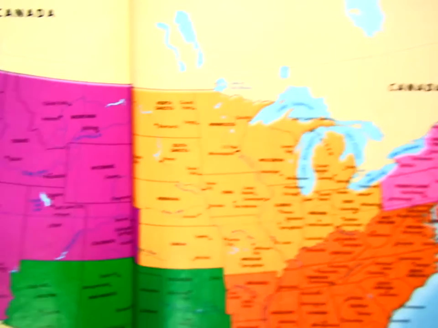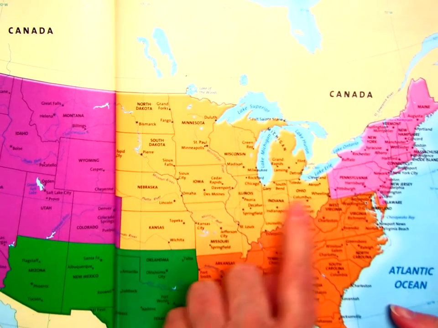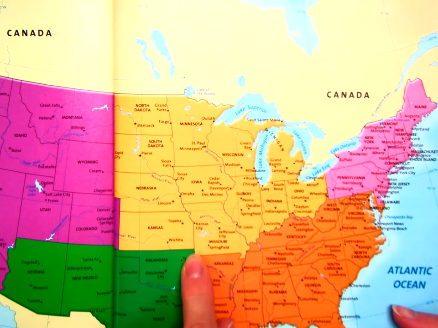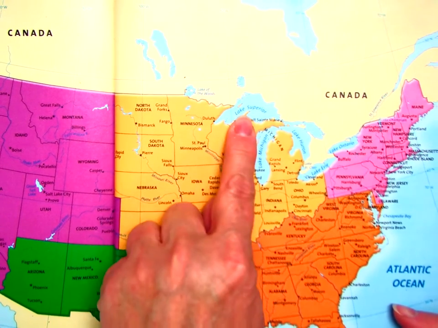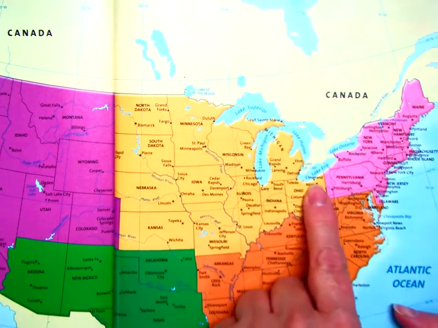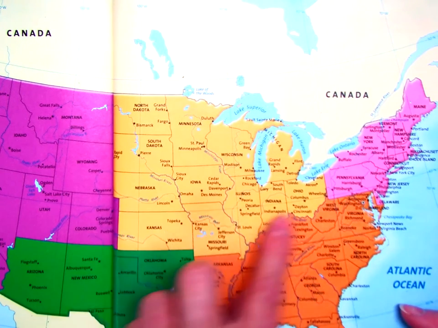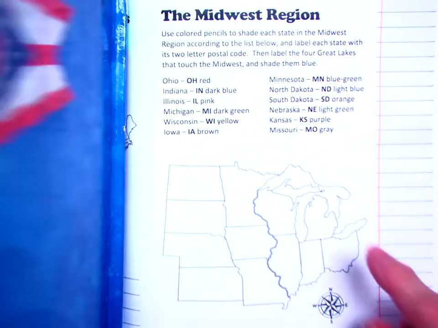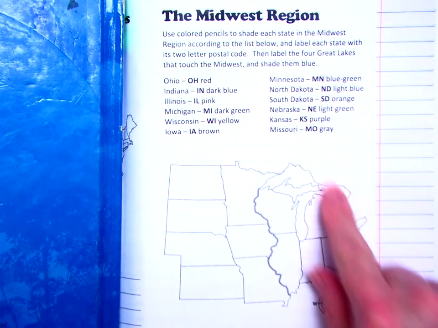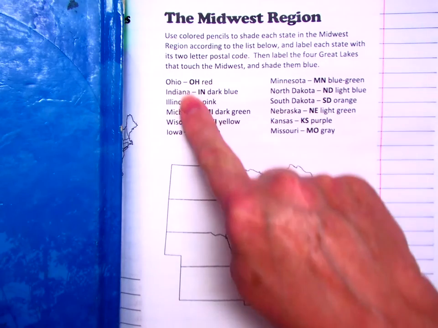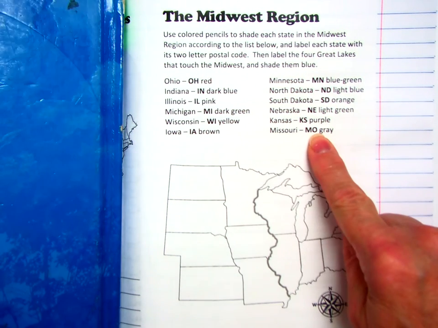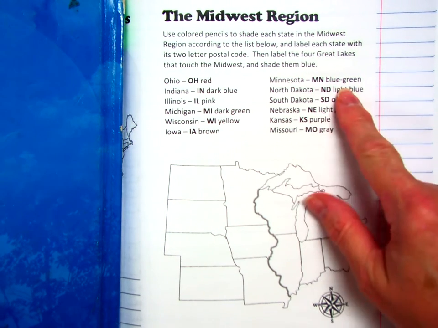This one's just a little bit larger so that you can see the names on the states a little bit more easily. This also has the names of the lakes labeled in it. So you can use this to help you find these states and know what color to color them by looking up at the top and what postal code to write on them.